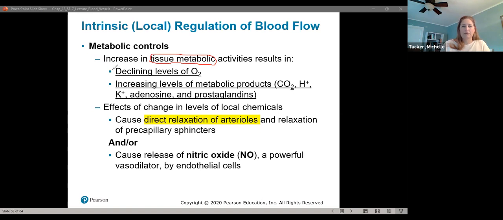So a decline in oxygen or increase in carbon dioxide, hydrogen ions, decline in pH, potassium, adenosine, prostaglandins. Both of these will trigger local vasodilation, either directly or through the release of nitric oxide.